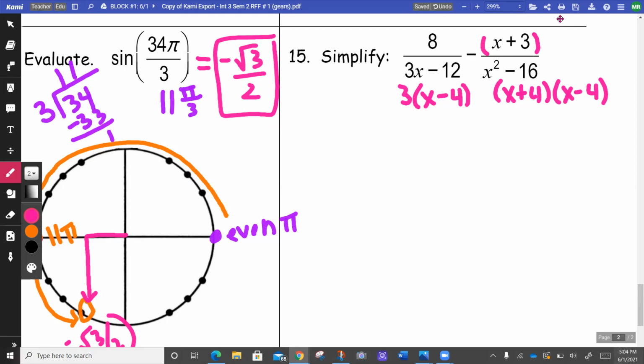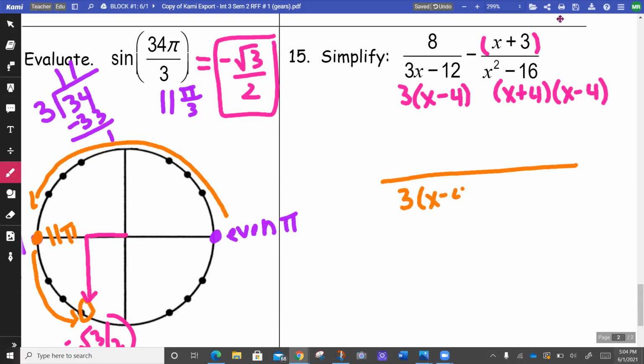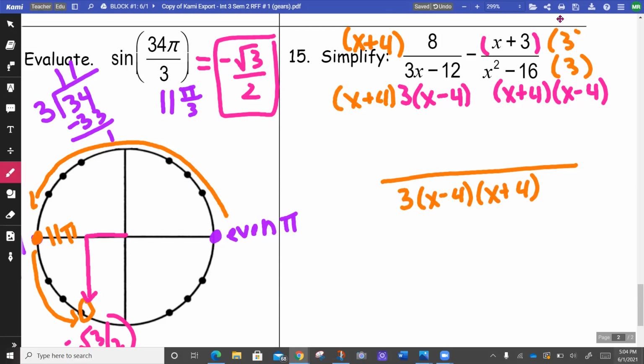So in terms of getting a common denominator, my common denominator is going to be a 3, an x minus 4, and an x plus 4. I need all of those. This one here is missing the x plus 4, so I'm going to multiply top and bottom by x plus 4. This here is missing the 3, so I'm going to multiply top and bottom by 3.